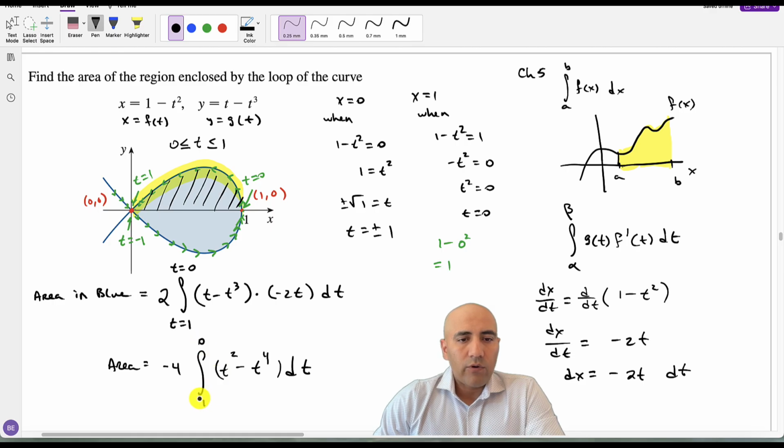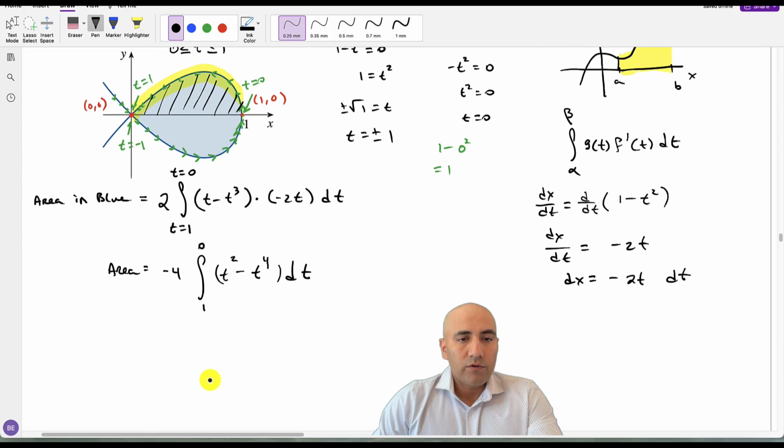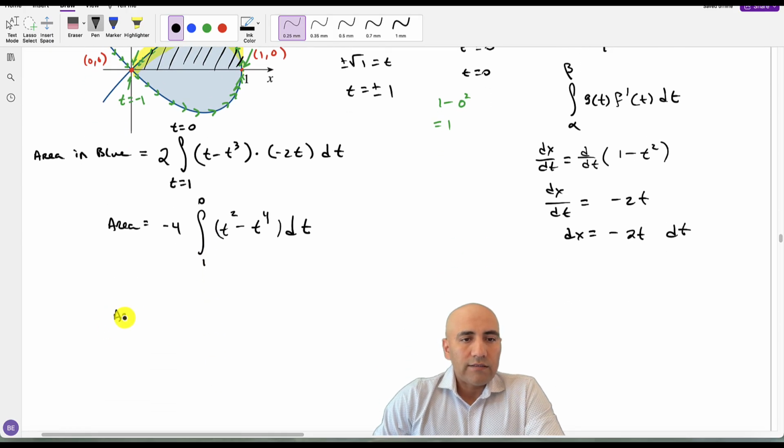And then remember that if we want to switch the limits of integration, we multiply by an extra term of negative 1. So I'm going to do that. I'm going to rewrite this as the area equals negative 1 times negative 4 integral from 0 to 1 of t to the second power minus t to the fourth power dt.